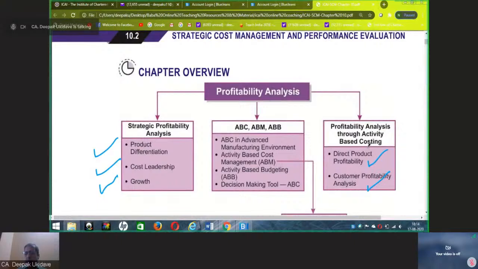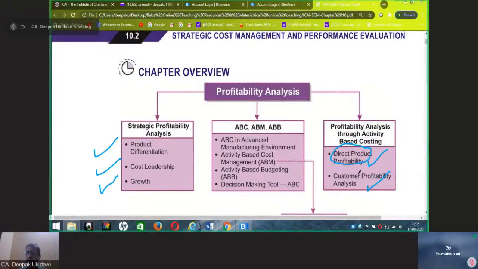So direct product profitability makes use of activity-based costing for analysis of profit. We track, we find out the trail of each product cost, breaking it into individual elements, and do an in-depth, detailed analysis of the product cost and the product profitability. That is what direct product profitability is.